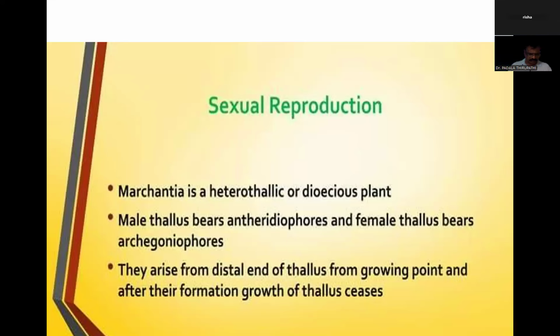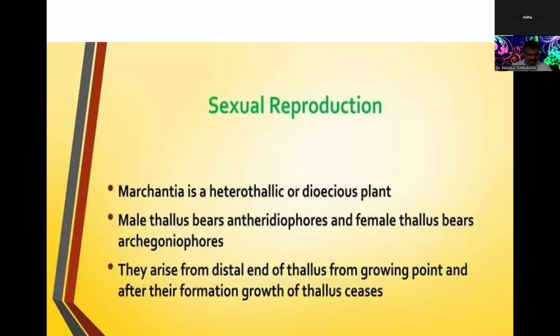Male thallus bears antheridiophore. Phore means the stalk. The stalk on which antheridia are produced is called antheridiophore. So the male thallus bears antheridiophores and the female thallus bears archegoniophores.